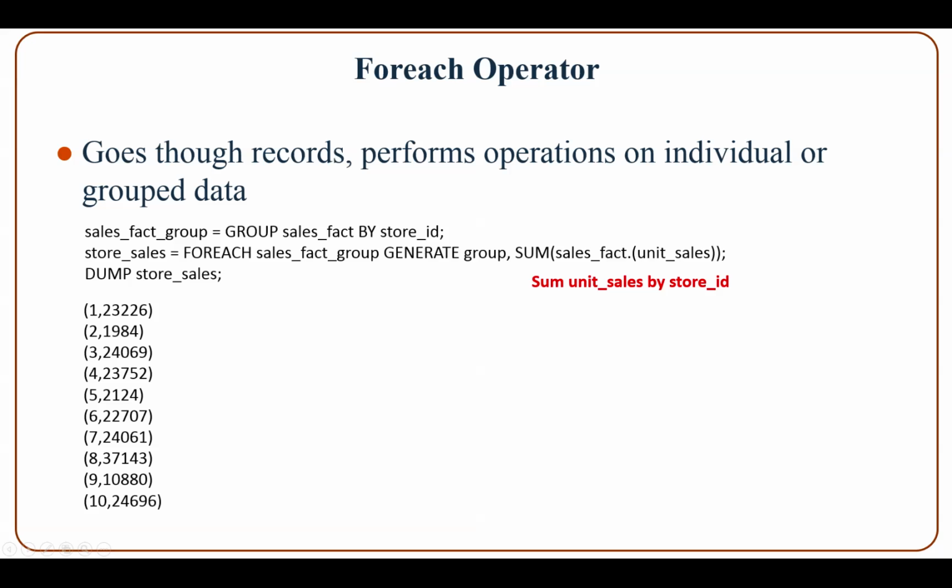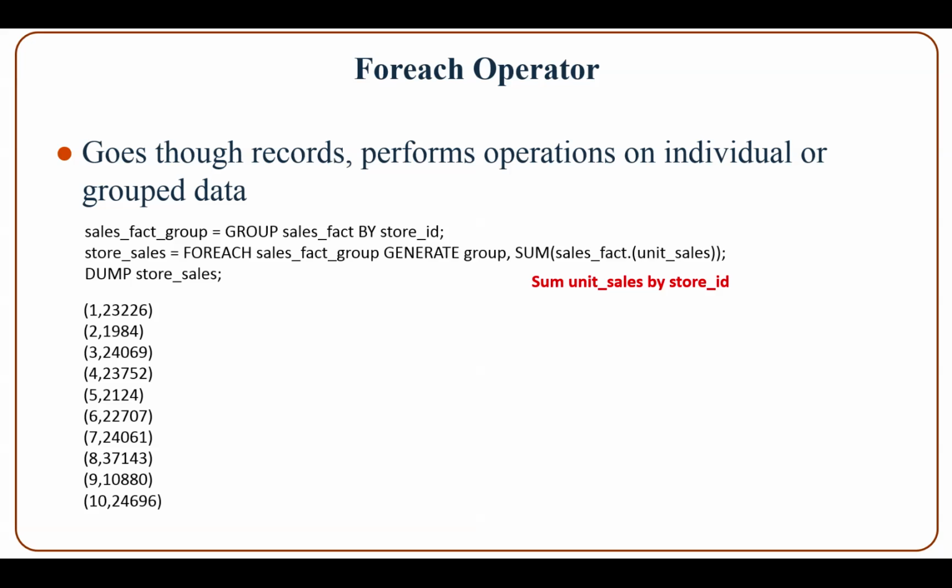Then the Foreach operator goes through this bag, sales fact group, and for each record generates a group, which is the store ID, and then the sum of sales fact dot unit sales, which is the field.